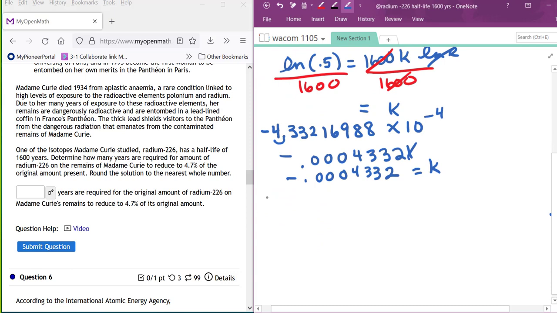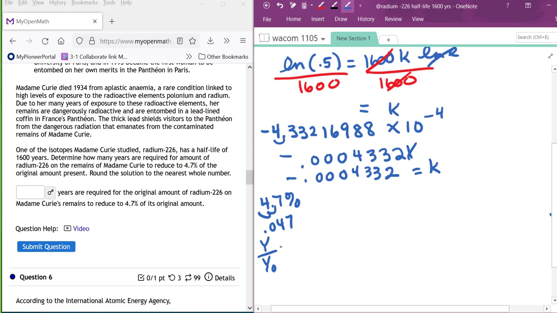So 4.7% will be 0.047. This is our y divided by y sub 0, which we weren't given either one of those.